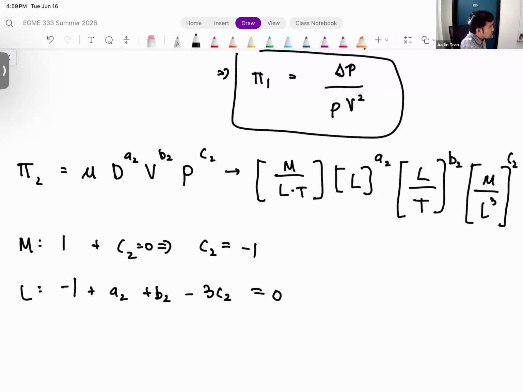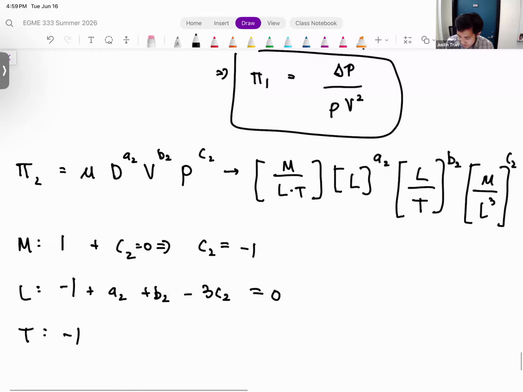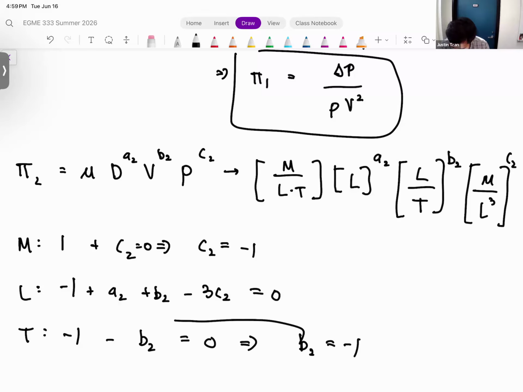Just like before, we can't solve for A2 or B2 here, not just yet. And so let's go ahead and bring in the time equation. For the time equation, we have a -1 contribution from the viscosity, and we have a minus B2 contribution from the velocity. So this one we can solve, and B2 is equal to -1. We plug in B2 for this, C2 for that, and we get A2 also is equal to -1.